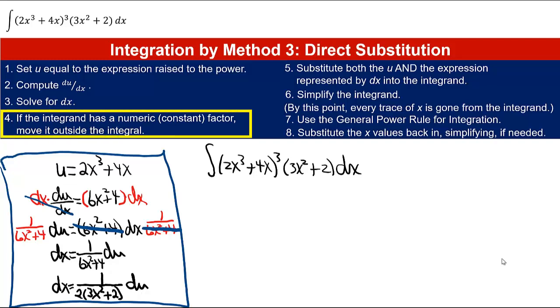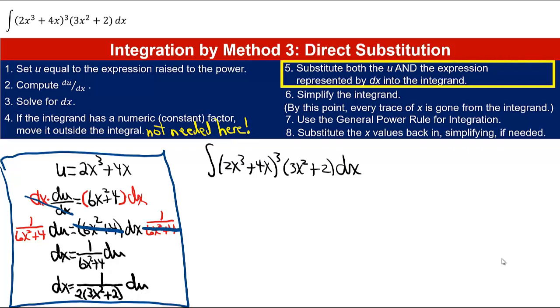Step 4 says if the integrand has a numeric, which is just a constant factor, you can move it outside the integral. That really doesn't apply here. You don't need to do that at all here. Step 5 says to substitute both the u and the expression represented by the dx into the integrand. So I'm going to take that u and put it in place of 2x cubed plus 4x.